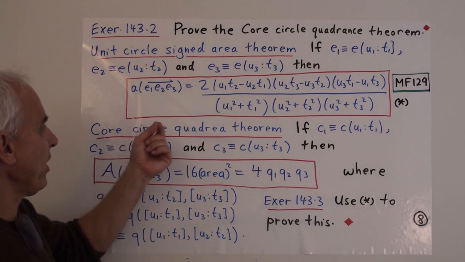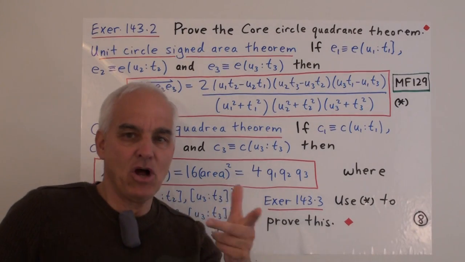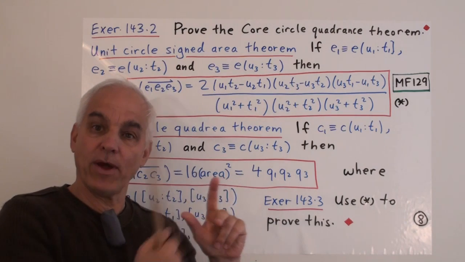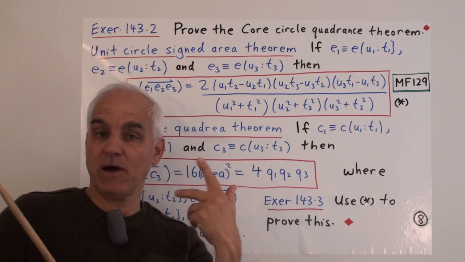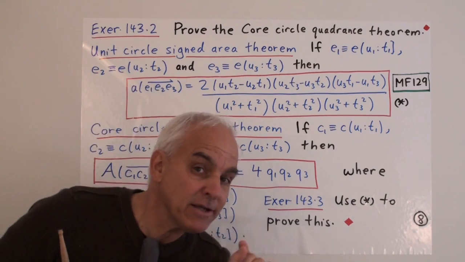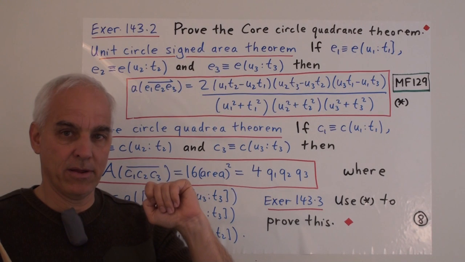Well, actually squaring things is what we want to do anyway, because the signed area depends on the orientation of our triangle. Remember, if we go this way or if we go this way, the signed area changes by a factor of -1. If we want something that's independent of orientation, we want to square the signed area.